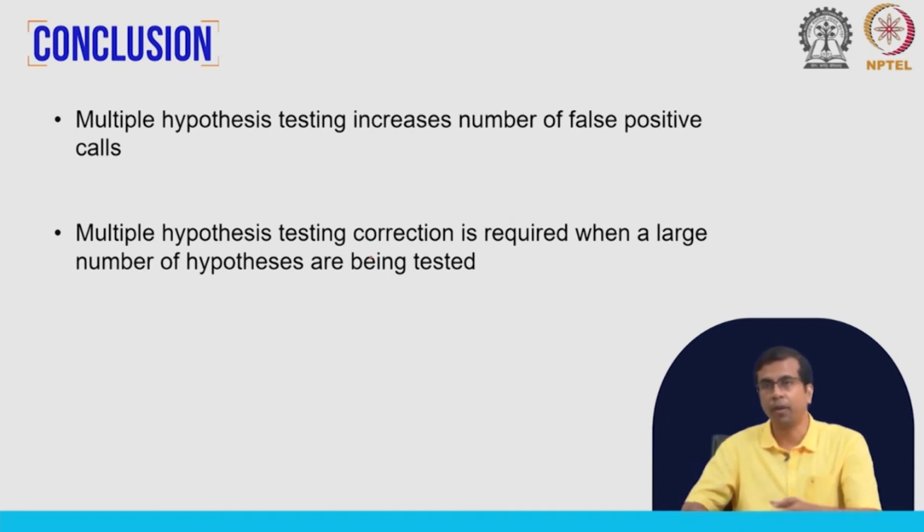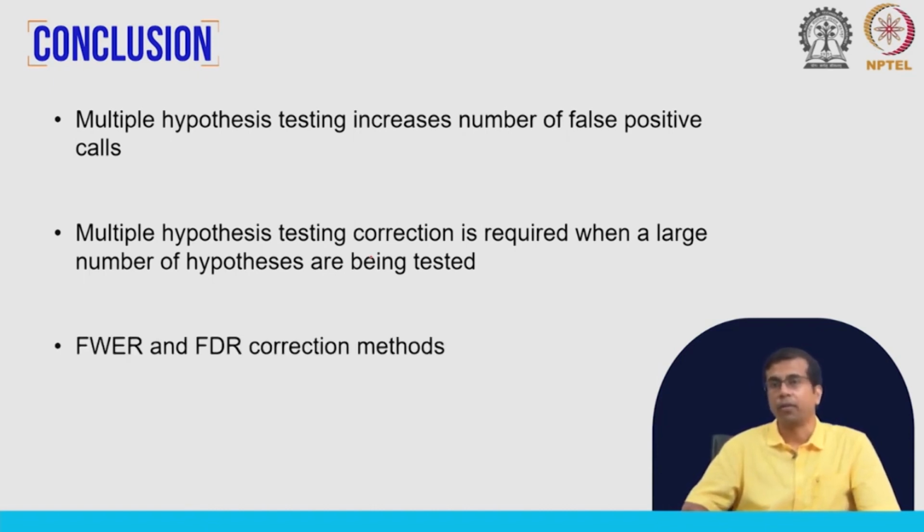This is not just applicable to differential gene expression analysis. You will see other scenarios in the field where you will have to do this multiple hypothesis testing correction, and beyond the field also, wherever you are testing a large number of hypotheses, you would have to do this correction.